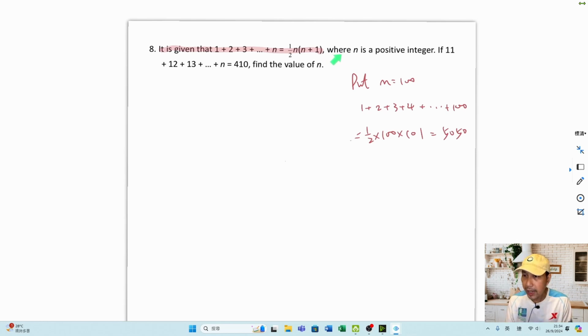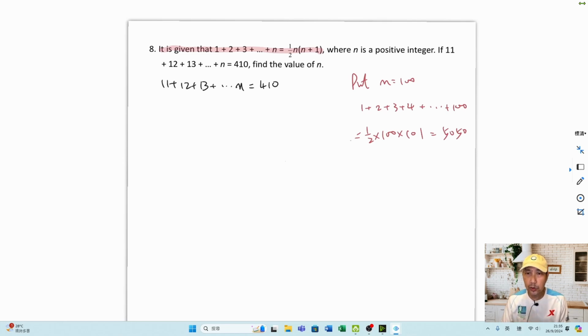Okay, n is a positive integer. If 11 plus 12 plus 13 up to the number n is equal to 410, find the value of n. Okay, the question gives us an equation. It gives you the sum starting from 11, 12 and 13 up to n. The sum of them is equal to 410.